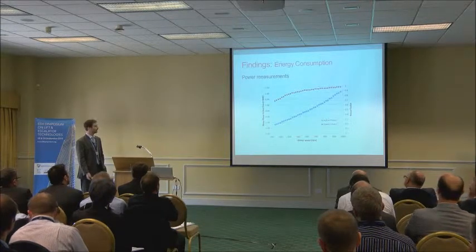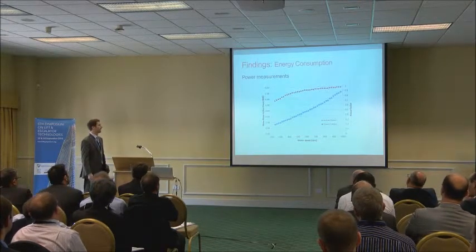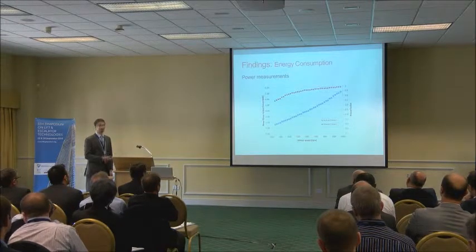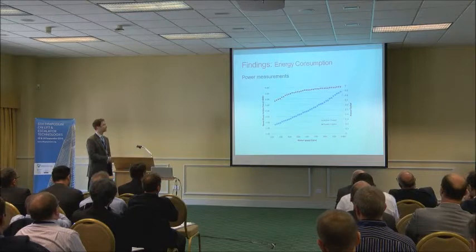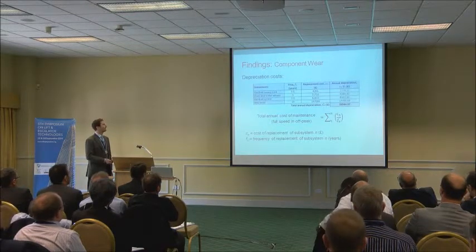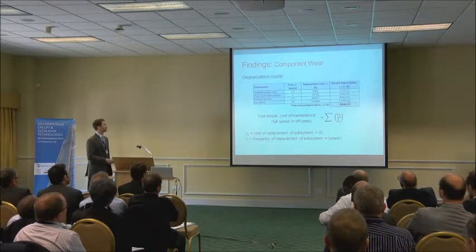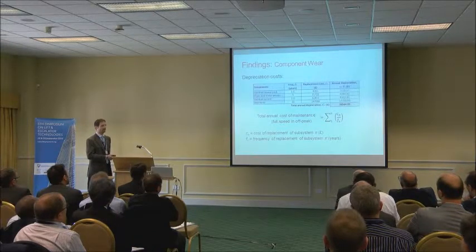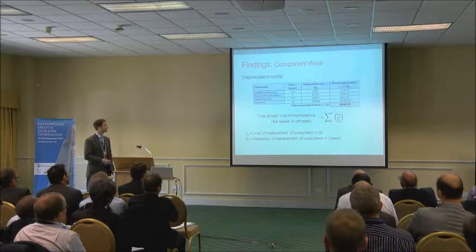So the power measurements I took are shown here, active power and power factor, which I used to calculate apparent power, and then used that to work out annual energy consumption. For component wear, I used a very, very simplified model based on the amount of money spent on parts with sliding and rolling contact.